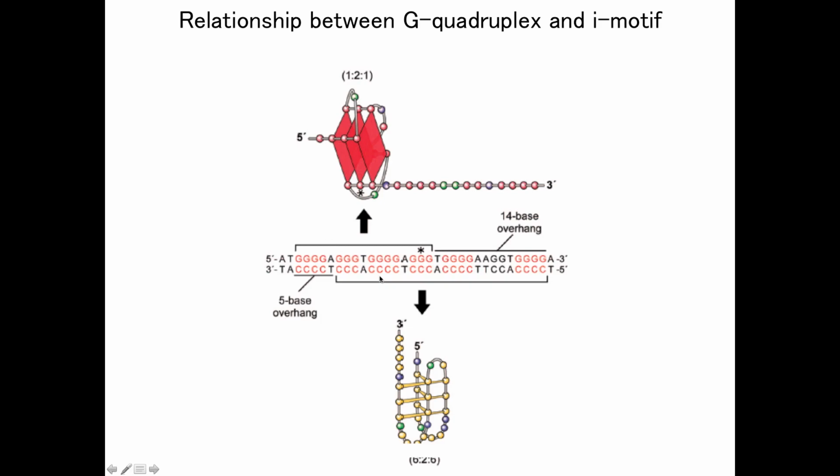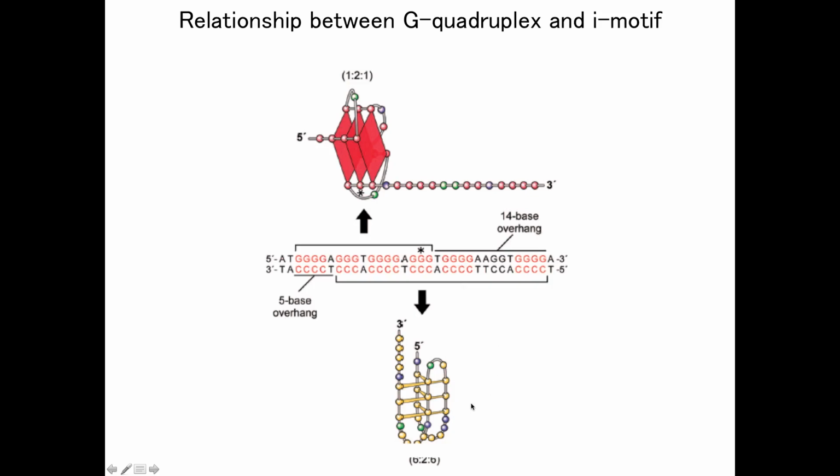You know that the G-rich DNA strand forms a G quadruplex. It means that the complementary sequence is a C-rich sequence. And you know that the C-rich sequence can form the i-motif. It means that in several DNA sequences, one side forms the G quadruplex, and the other side can form the i-motif structure.